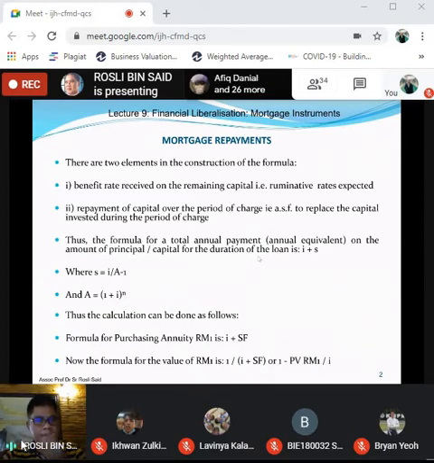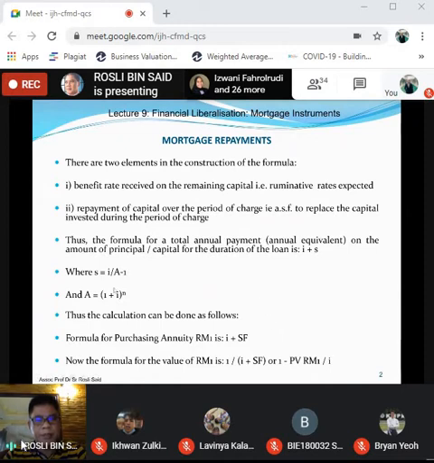The sinking fund, if you can recall the formula under valuation mathematics, is I divided by A minus 1, where A is the amount of 1 ringgit, not the amount of 1 ringgit per annum. The amount of 1 ringgit per annum will become years purchase already. So I divided by A minus 1, where the amount of 1 ringgit equals 1 plus I to the power of n.